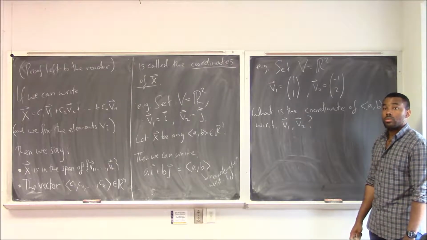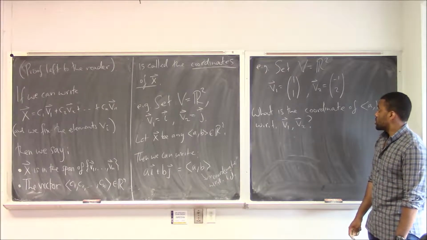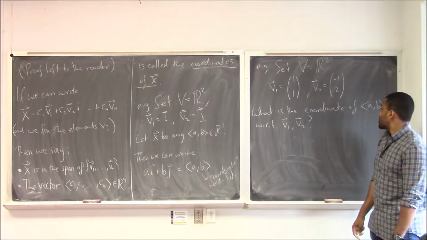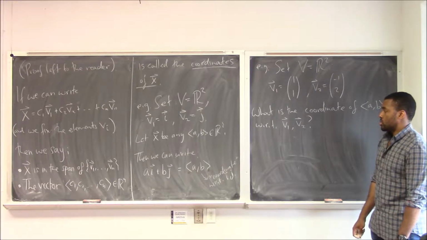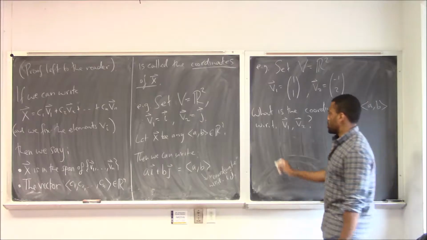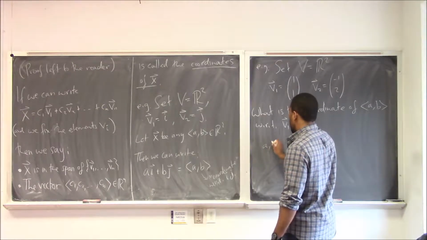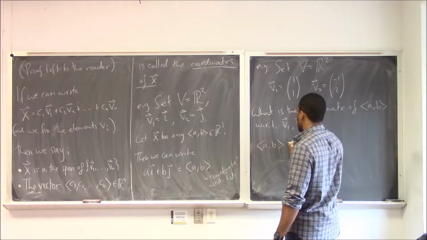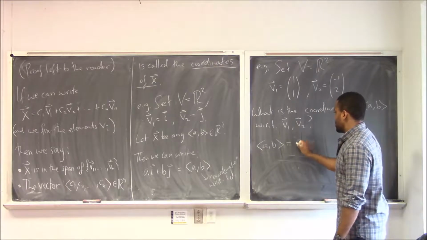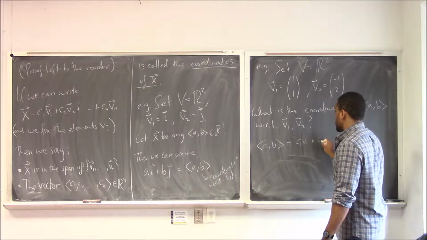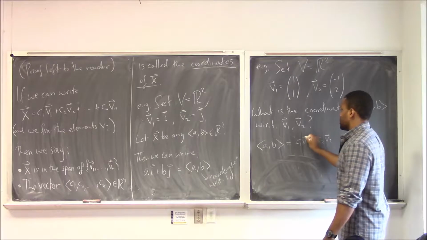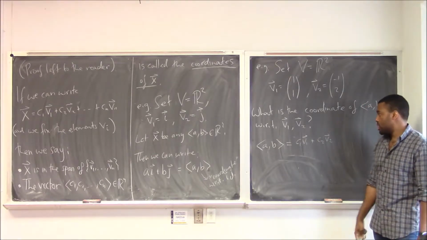Yeah? You could do V1 plus V2. You could add them across if you do. So this means I want to add them. So (a, b) I want to be able to write as C1 V1 plus C2 V2, right? I want to be able to express that as a linear combination of these guys.